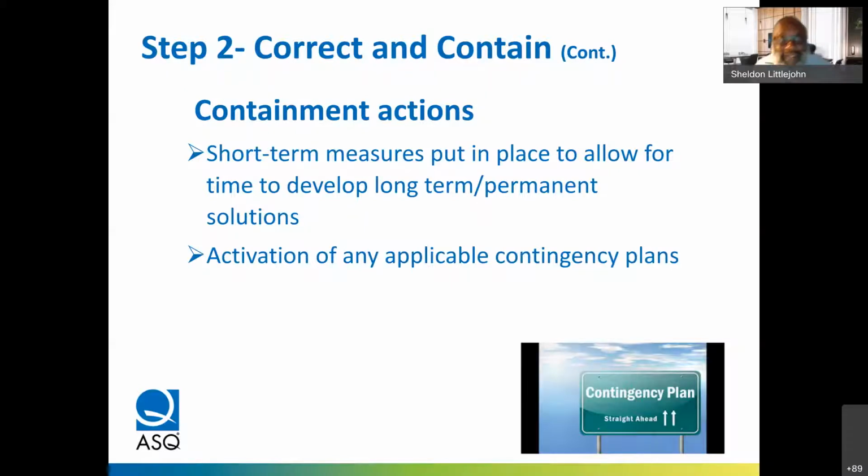So if you realize your machining process is producing parts that are not meeting the acceptance criteria, you may want to tighten your inspection. So you do more sampling and give yourself the opportunity to catch things that may not be conforming. So you reduce the probability of escapes to your customers as one containment measure.